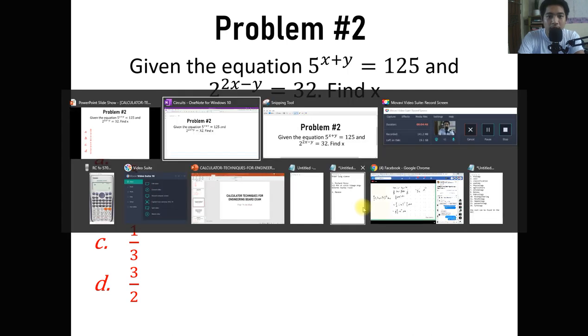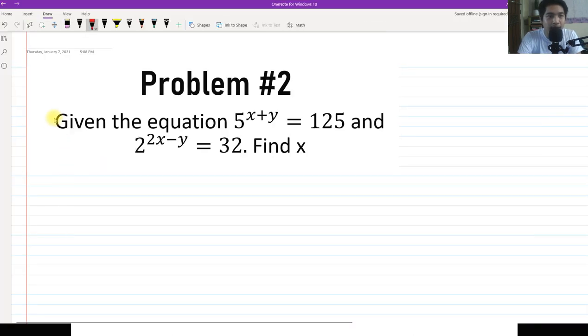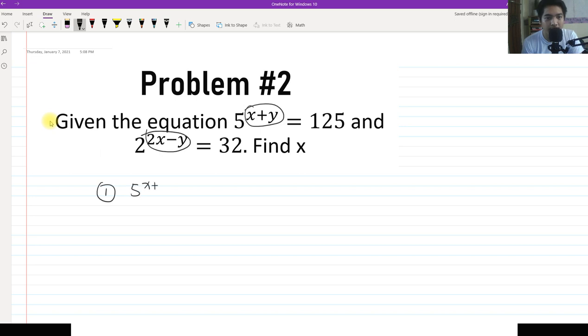First of all, we are going to simplify the given equations. We cannot literally enter this in our calculator in its current form. So what are we going to do for equation 1? We are going to rewrite 5 raised to x plus y equals 125. That's the original one.